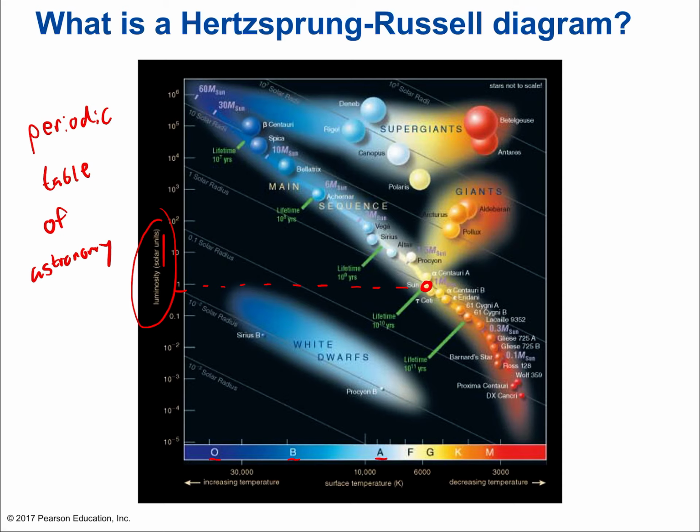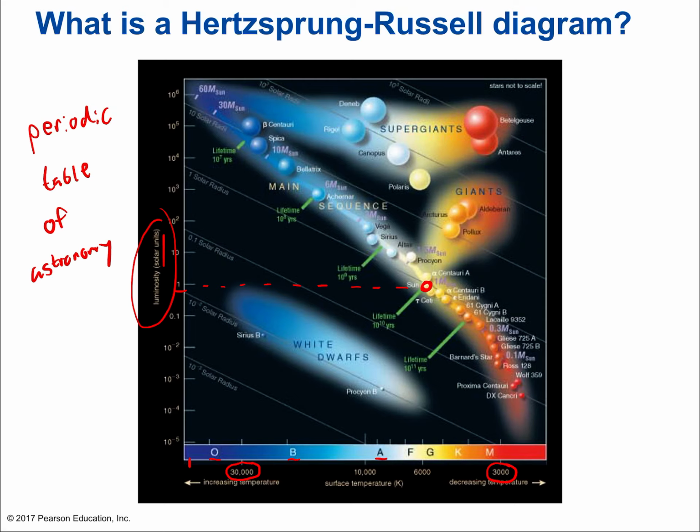Now the weird thing is that temperature gets greater towards the left. Usually numerical axes get greater as you move to the right. But notice 3,000 is over here and 30,000 is over here. And again, this is the surface temperature of the star. 50,000 would be the very far extreme, all the way over here. Remember, because we said that stars can be as hot as 50,000 Kelvin on the surface.